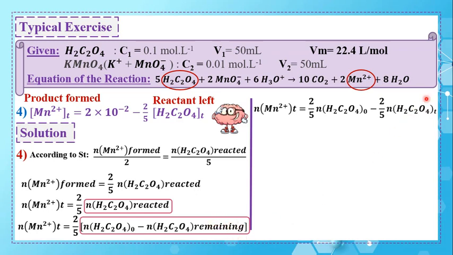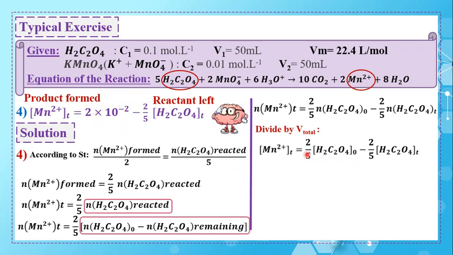Instead of remaining, I can put T since it is a reactant. Now, let's look at this relation. I want to pass from number of mole to concentration, so I will divide by V total. So I will get, instead of number of mole here, concentrations, okay? So the concentration, concentration, and concentration. By making a comparison, I still have to get this value.